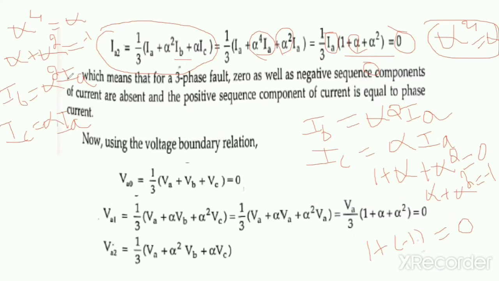Understand? Alpha power 4 is equal to alpha. Alpha plus alpha square is equal to minus 1. IB is equal to alpha square into IA, and IC is equal to alpha into IA.